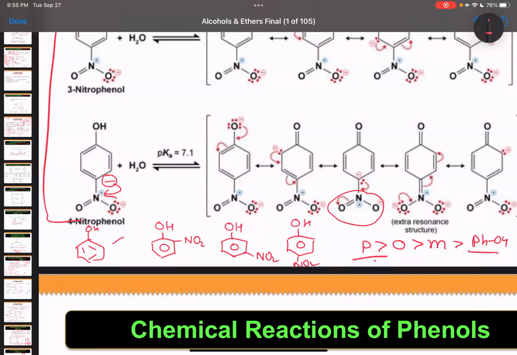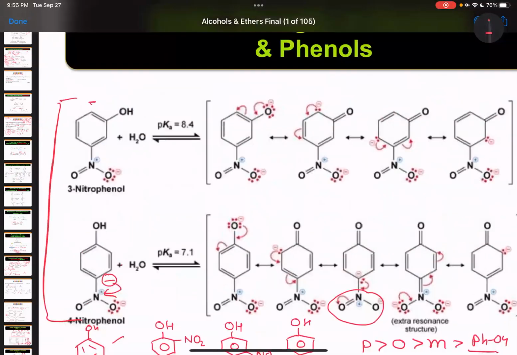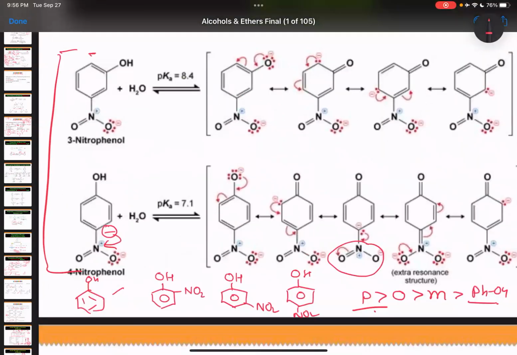Sir, because in resonance, the electrons can come from either of the ortho positions, but in the case of para, there's only one option. Actually, someone may say that the nitro group is nearer.